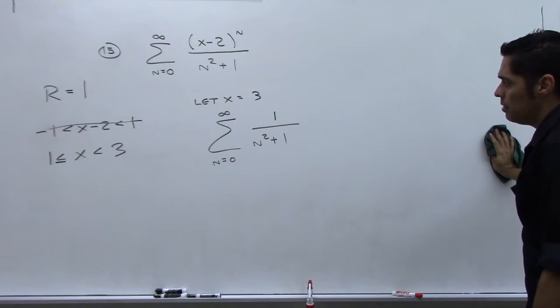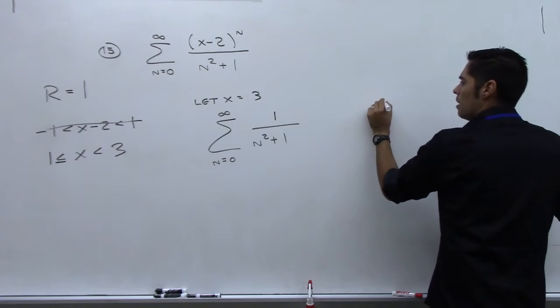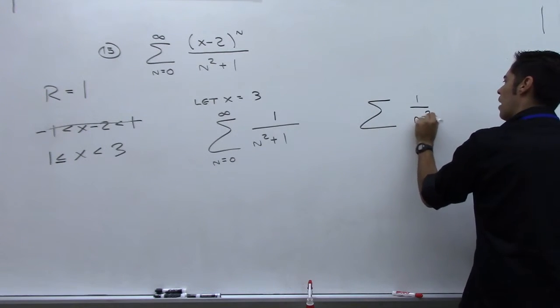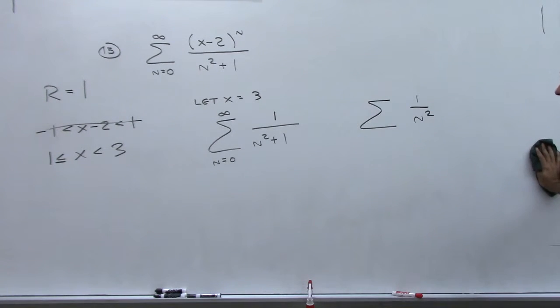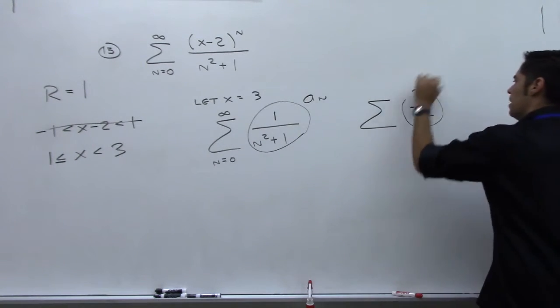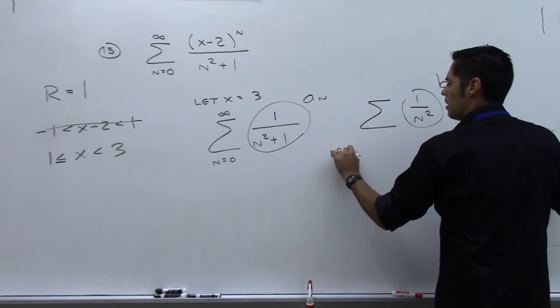And for this one, you could probably do a comparison. I did something like this in class. Compare it to like 1 over n squared. And maybe the limit comparison. So call this a sub n, call this b sub n. Use the limit comparison.